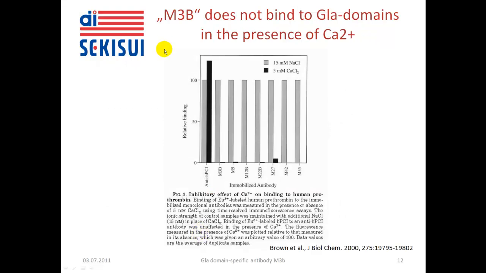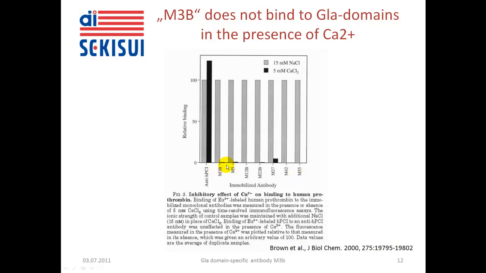Very important, the antibody M3b does not bind to Gla-domains in the presence of calcium. Shown in this experiment, you see here the reactivity of different antibodies which were generated in a series of experiments.